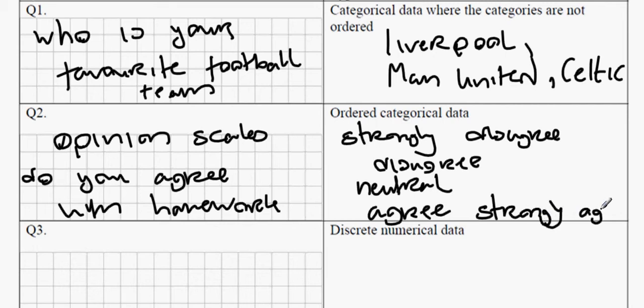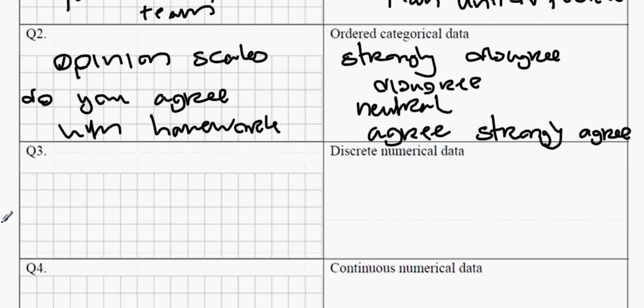Now, next one, question 3, discrete numerical data. Discrete means it's either, let's say, 1 or 2. So let's say, how many goals did you score in a match?